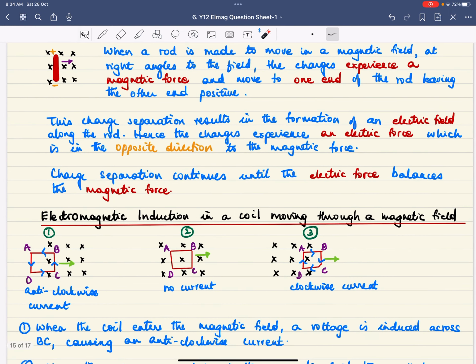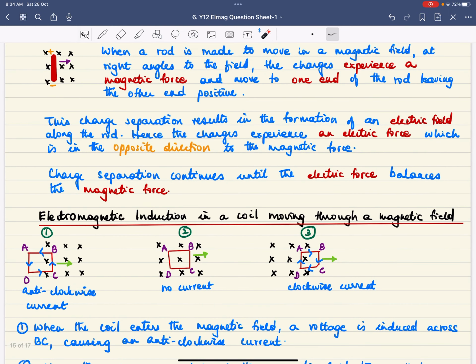These are some examples of a continuous loop that is made to move through a magnetic field at constant speed. This one is a loop that's entering the field. There is a voltage induced across BC, and using your left-hand slap rule, you have your thumb pointing upwards. If you continue that, you will have your current flowing in an anti-clockwise direction. When the loop is completely in the field, there is a voltage induced across BC as well as across AD.